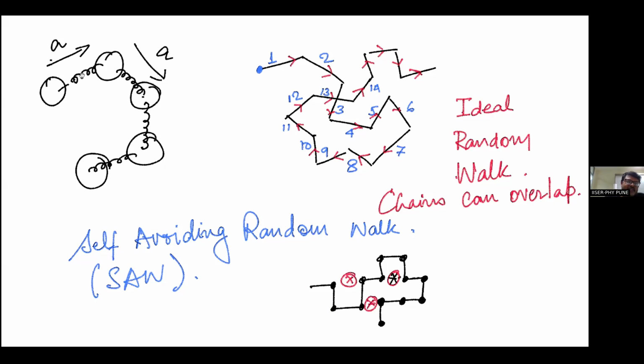And the polymer is essentially a large number of particles connected by springs, right? And all the details, so you're basically looking at a length scale much larger than each of these chemical constituents.